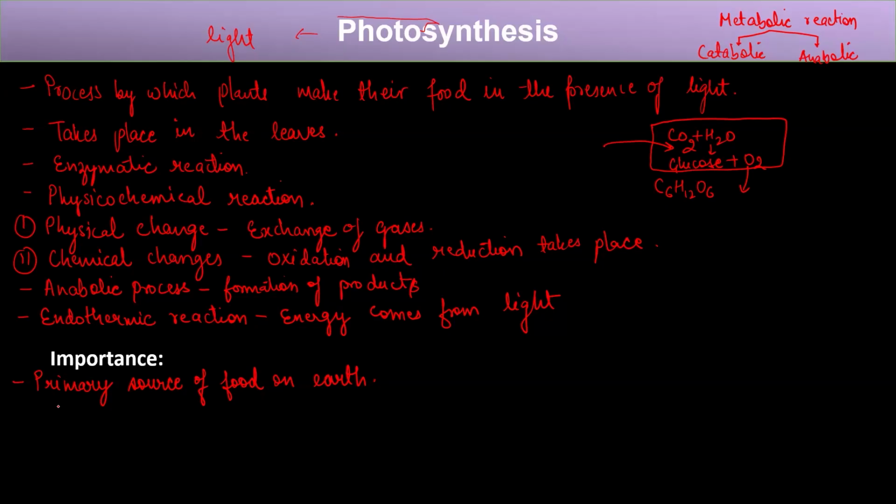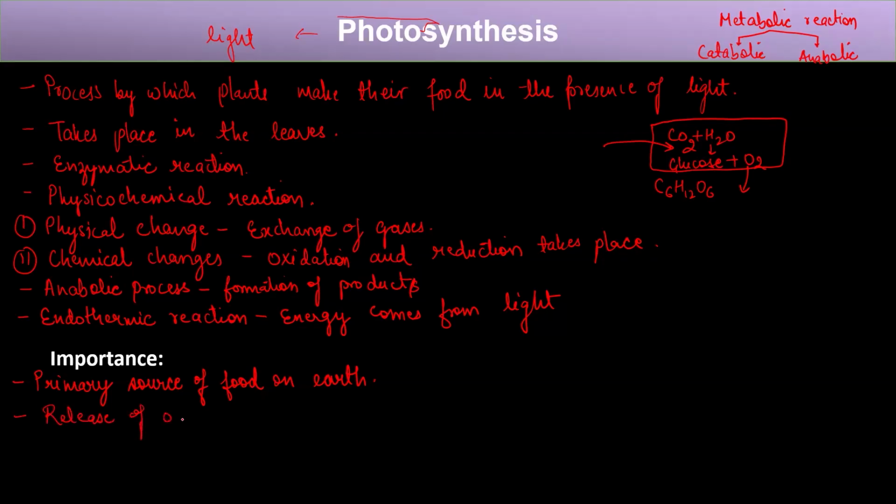And this plant or the photosynthesis is the primary source of food on earth because in the food chain, the plant is getting consumed by the animals, then the animals are getting consumed by the higher animals. But the primary source or the first source is what? It is plant only. And the plant gets its food from photosynthesis, right? Hence, this photosynthesis is the primary source of food on earth. Now, the second importance is it causes the release of oxygen.